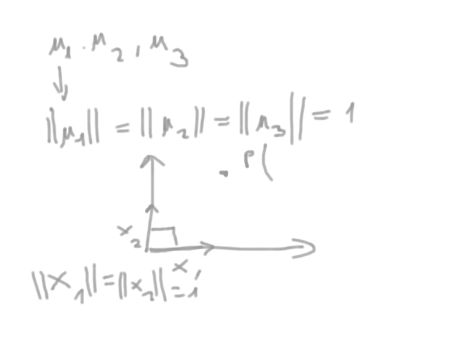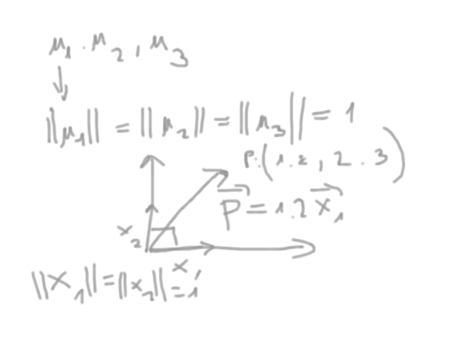You can just write something like 1.2 and 2.3, and it is very easy to work with this because you know that the vector P will just be 1.2 times x1 plus 2.3 x2.